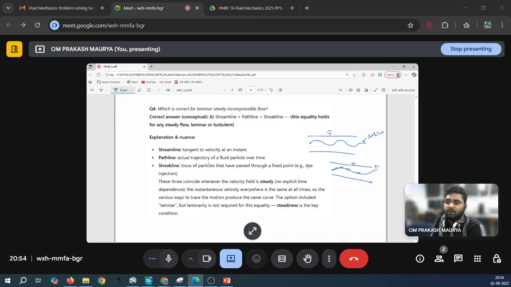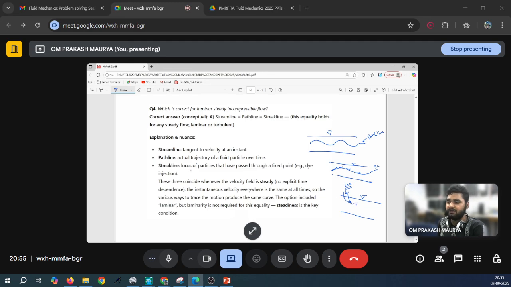Streak line: locus of particles that have passed through a fixed point. That is dye ejection. Let us suppose here you have a dye and you are putting some ink here. So it is like that.